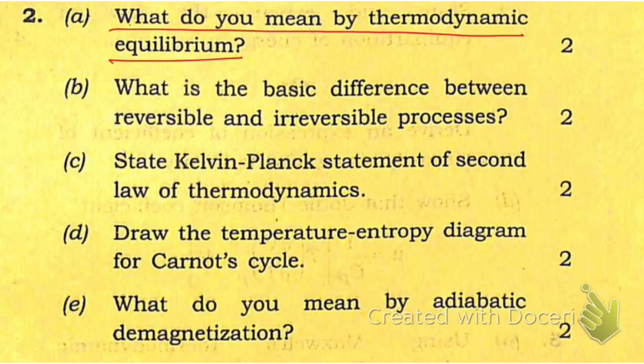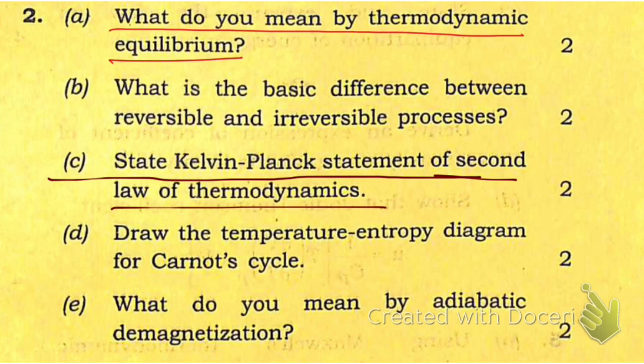What is the next question? State Kelvin Planck's statement of the second law of thermodynamics. What was that statement? Let me tell you now. Question number 2c answer. First, let me write the Kelvin statement.